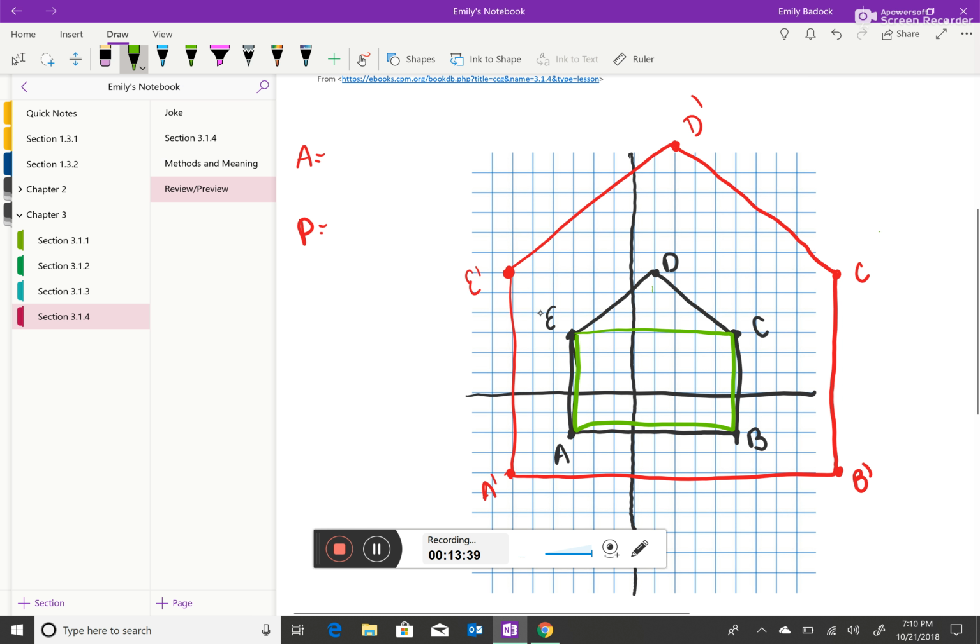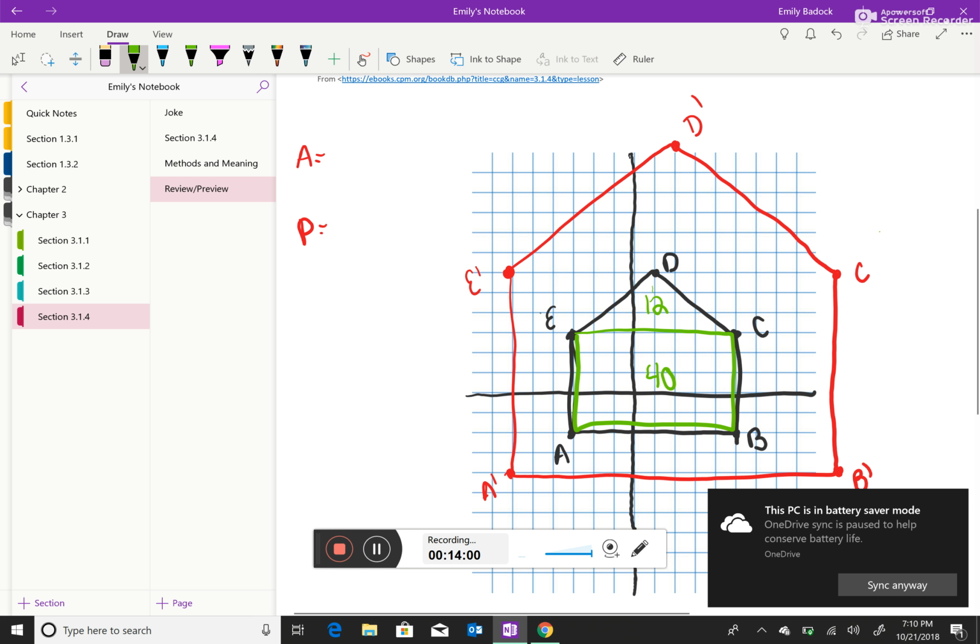So the rectangle was 5 by 8, which would make this 40 for the area. And then 1/2 base times height tells me 1, 2, 3, 4, 5, 6, 7, 8. 8 times 1/2 is 4. 4 times 3 is 12. So add those together, and for my area, I get 52.